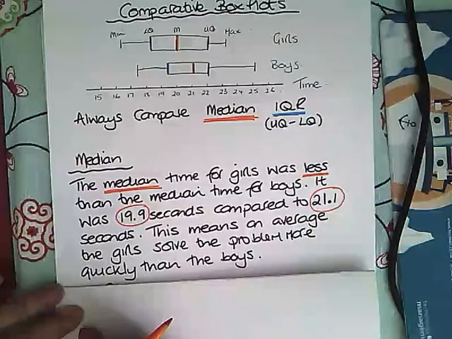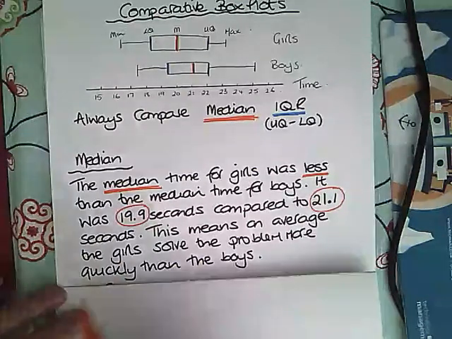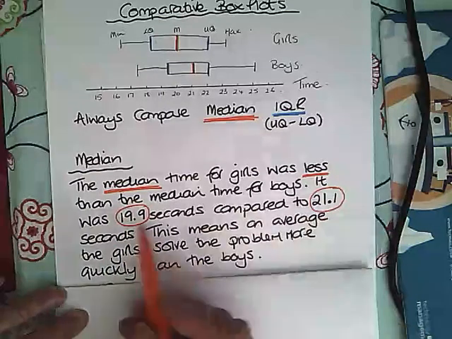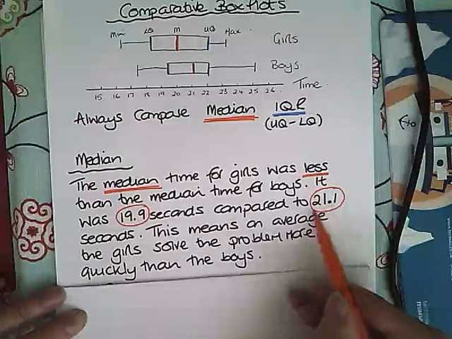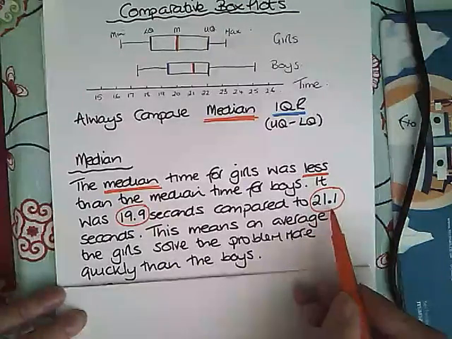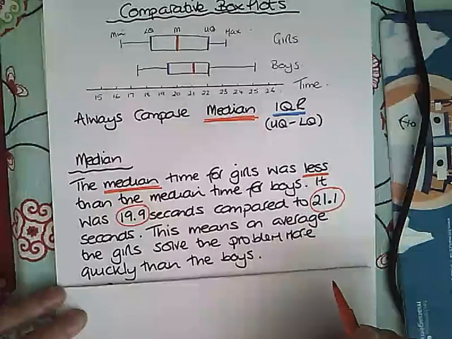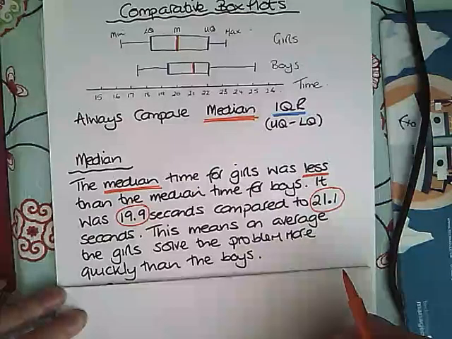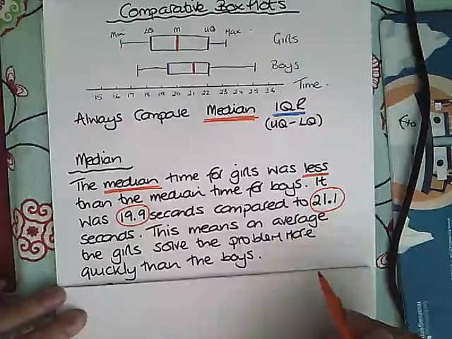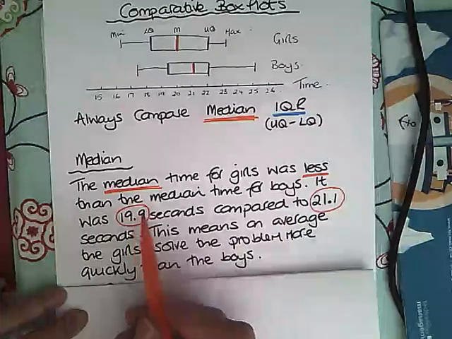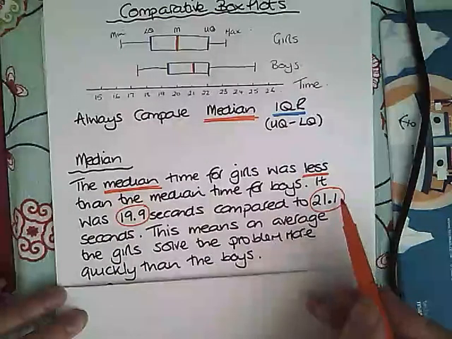And it means that on average, the girls solve the problem more quickly than the boys. And this is looking at what this data means. This is a faster time than this, if these two numbers are in seconds. If you're given something like weights or heights, then you need to make sure that you've got the context of the numbers correct. So if this was weights, for example, this is a lighter weight than this.